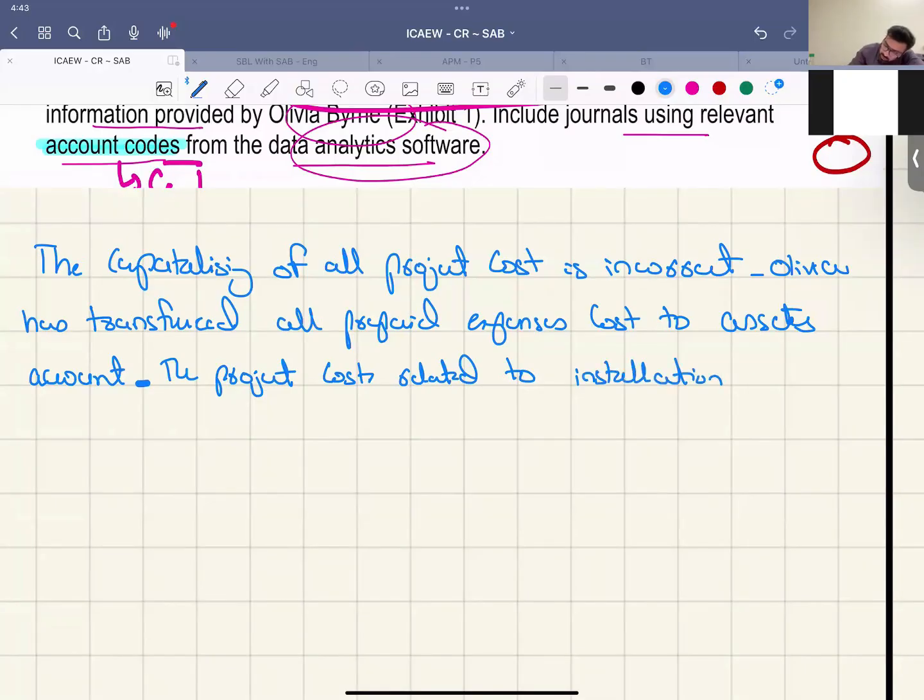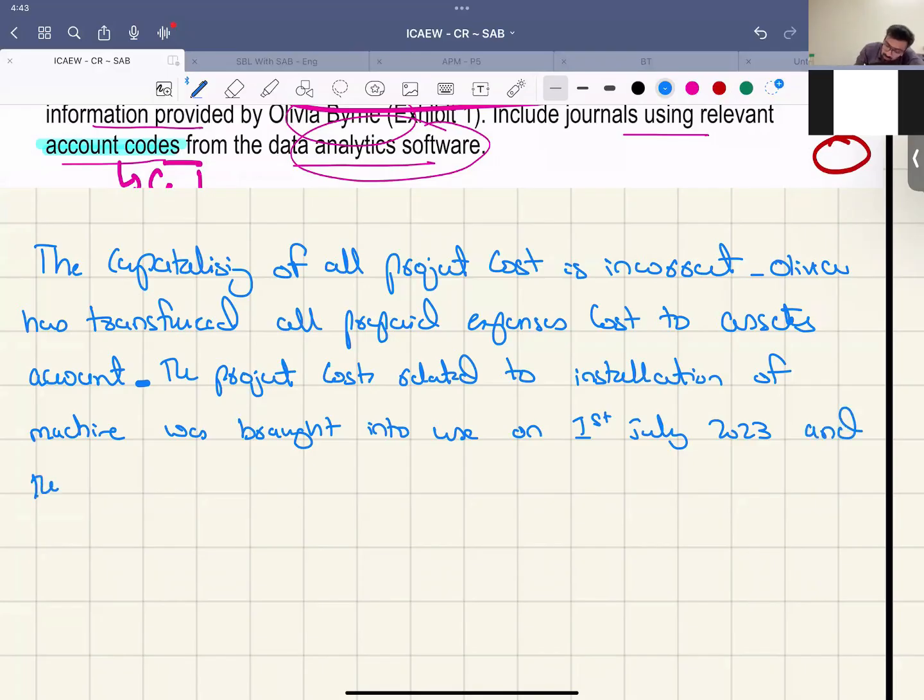The machine was brought into use on 1st July 2023, and therefore should be included in property, plant, and equipment.